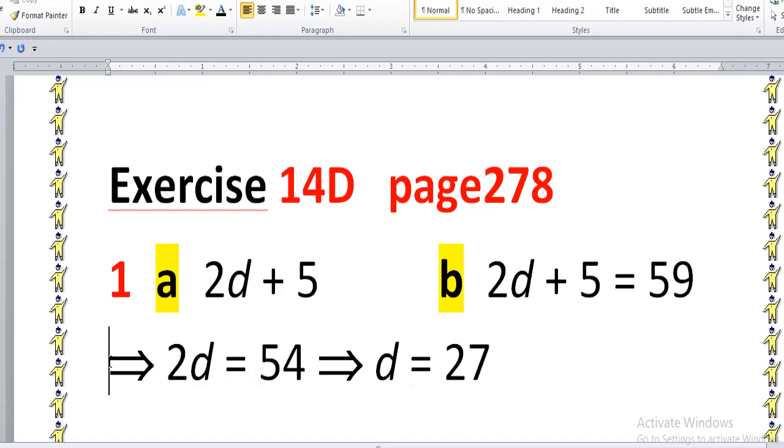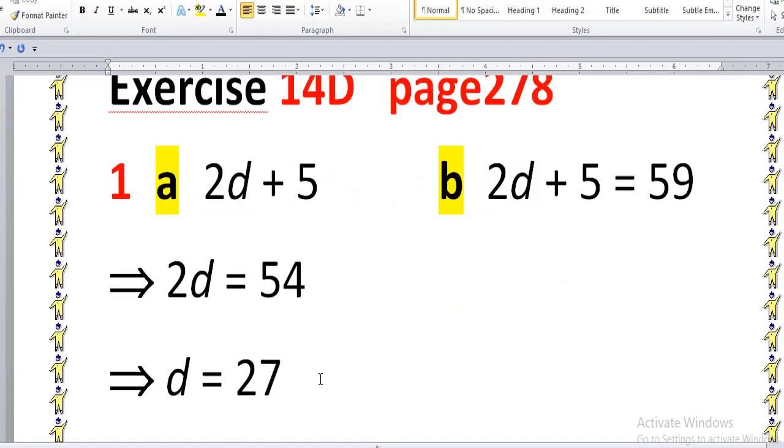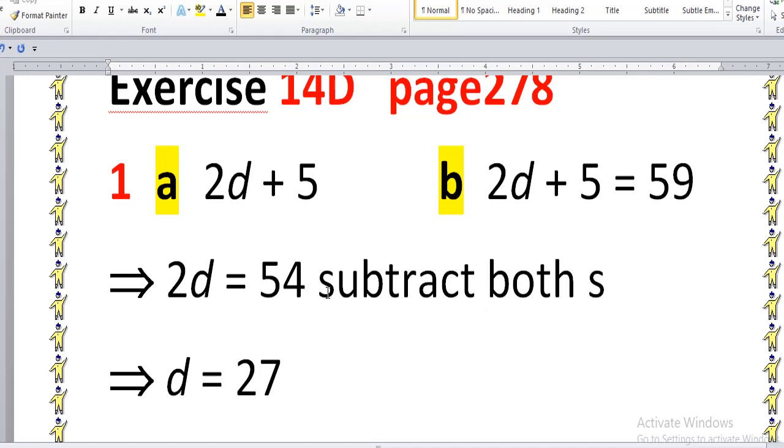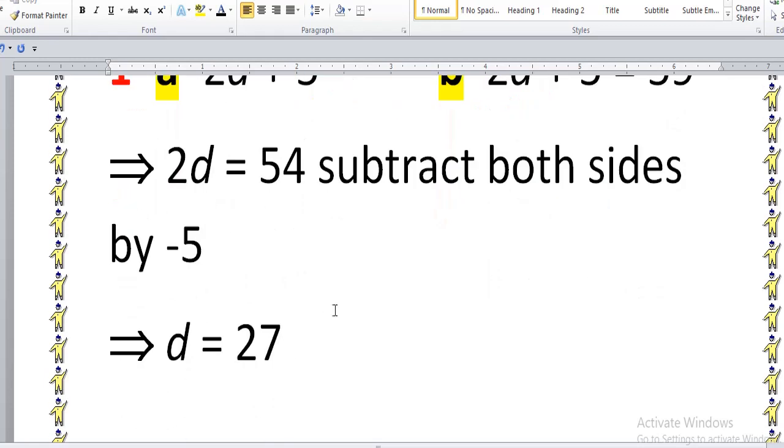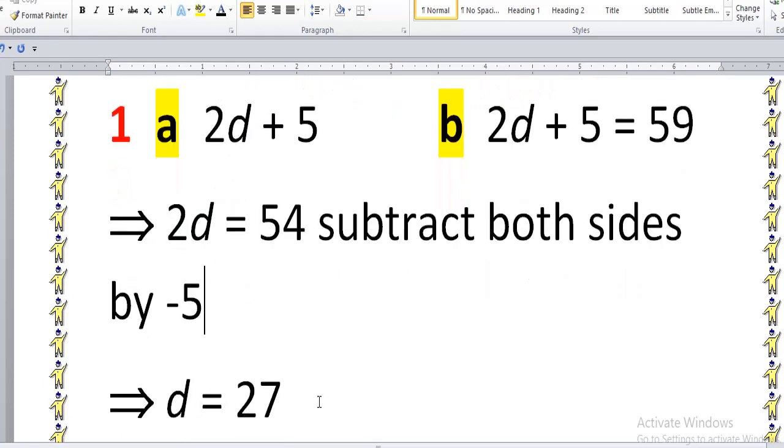What did we do here actually? Let me just simplify it for you. Subtract both sides by, what was the number that we subtracted with? It's minus 5. Okay, for the next one, how do we get that D is actually 27?